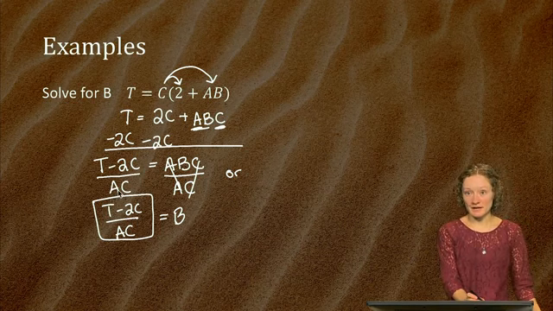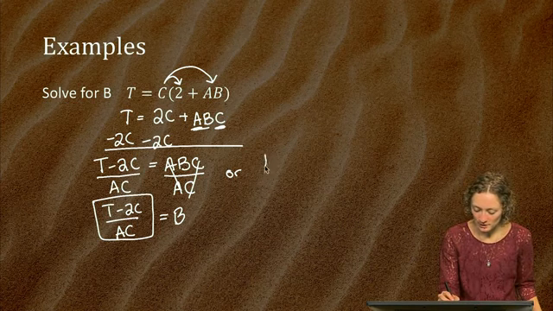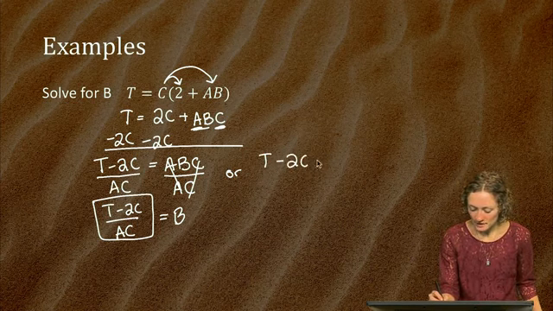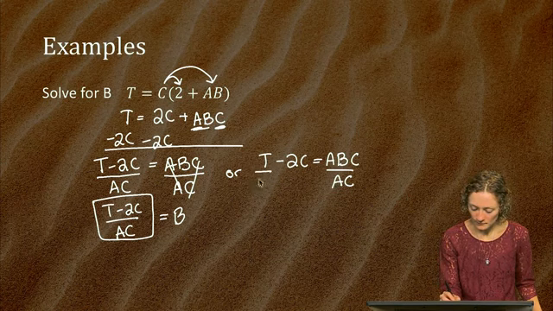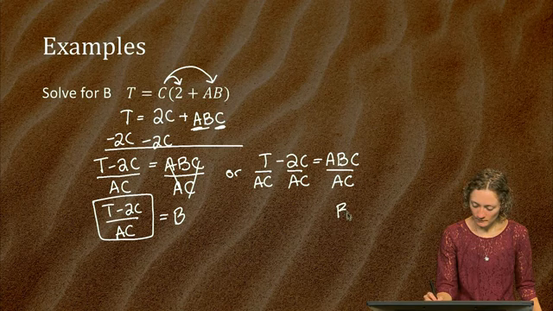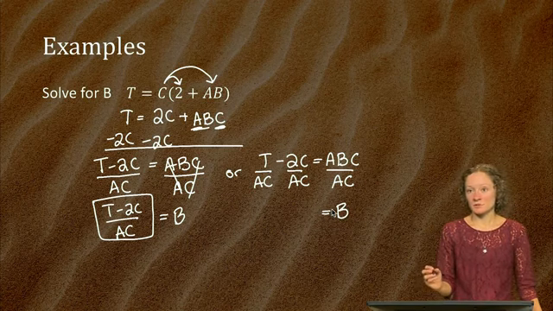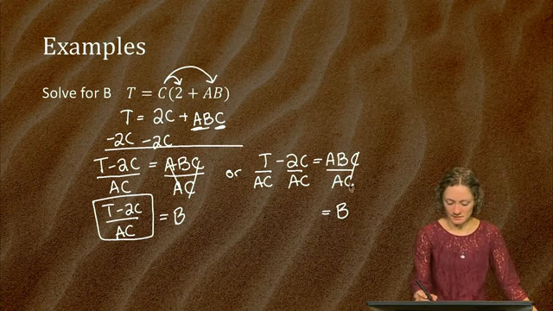Or if we chose to look at it the other way, the second way we saw in the previous one, where we divided each individual term, we still have b on the right-hand side, which is good.